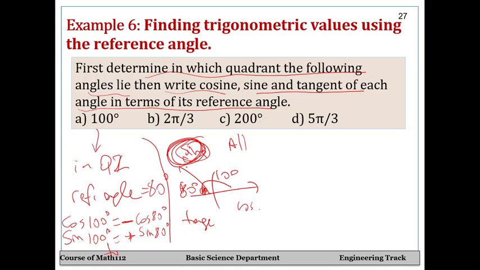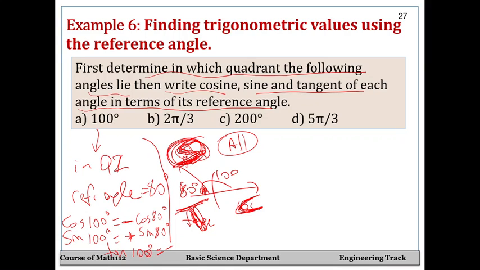And how about the tangent? Tangent 100 degrees is equal to minus, because I don't see tangent here. All STC. Okay, all STC, this is better.